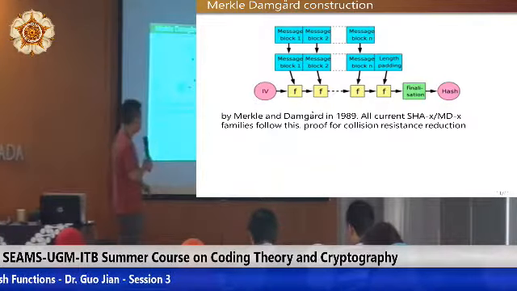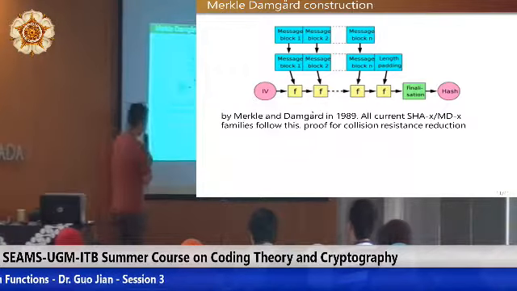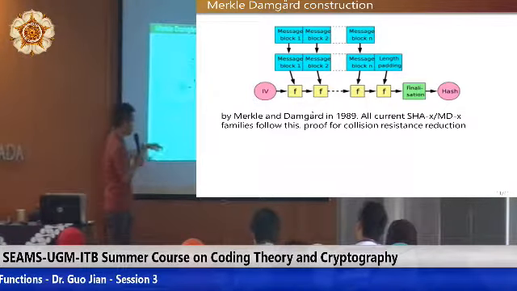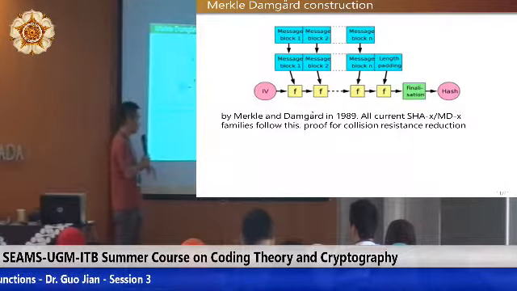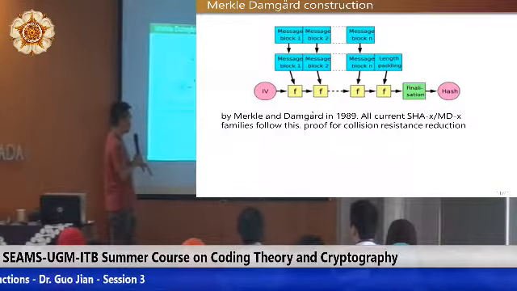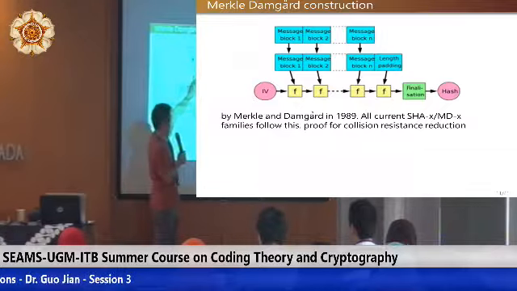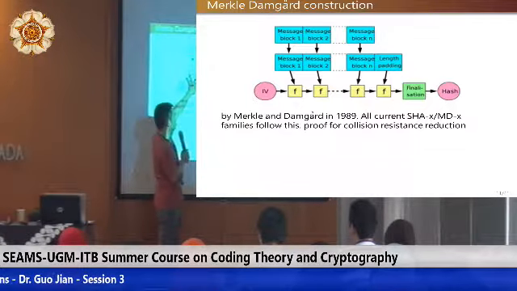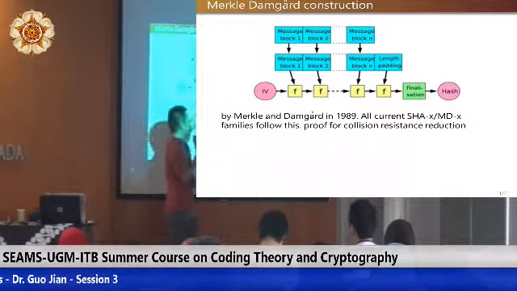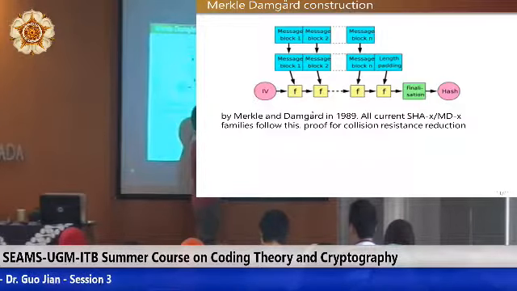One of the popular design strategies is what we call the Merkle-Damgård strengthening. Basically, given a message, what we do is chop it into fixed length blocks, and if the final block is not sufficient for a full block, we do padding.